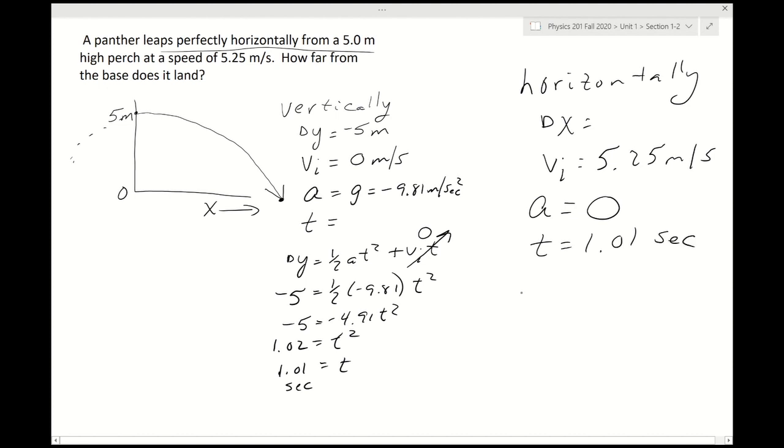So if I were to go back to the same idea of delta x is 1/2 at squared plus v_i t, in this case, this term goes to 0.